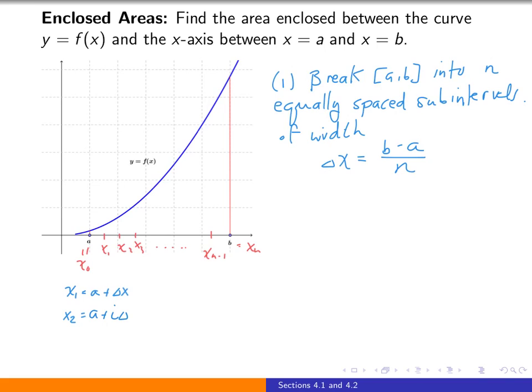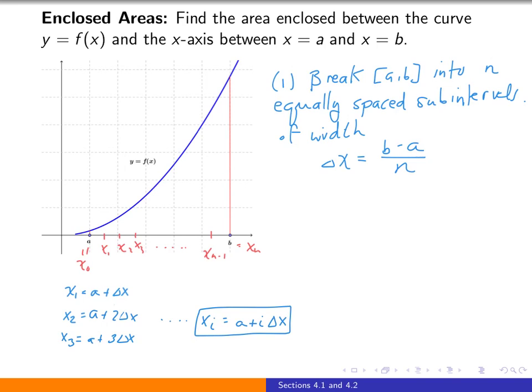So that'd be A plus 2 delta x. Likewise, x sub 3 is A plus 3 delta x, and in general, x sub i is A plus i delta x, something that will be useful in future problems.